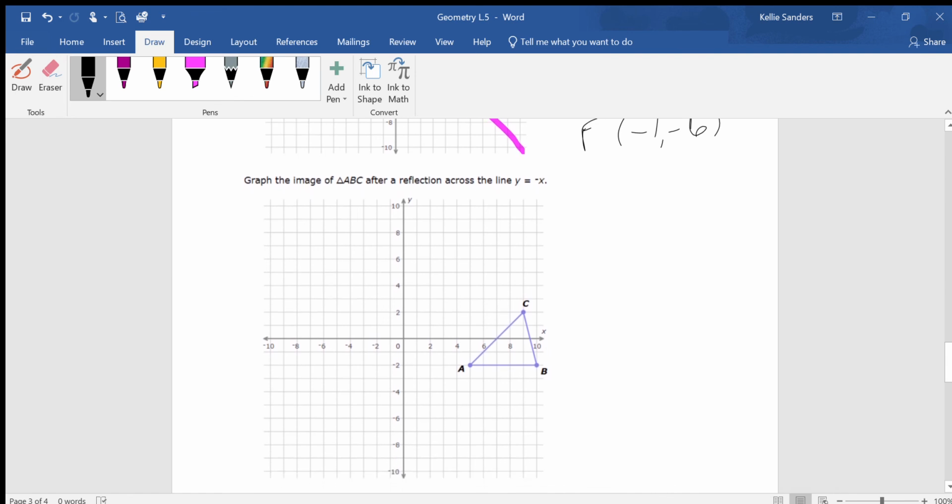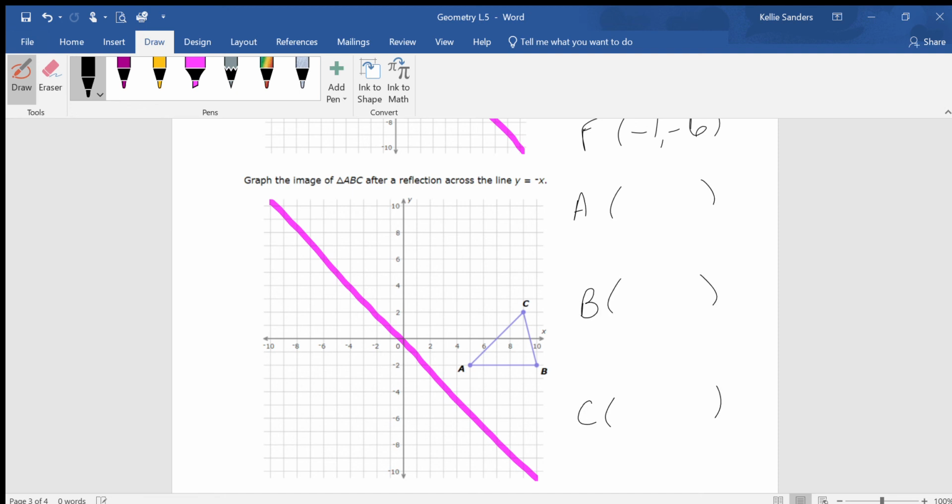Same thing. So I guess I get to kind of explain what that is. Let's just do this first. A, B, C. A is at 5, -2. B is at 10, -2.